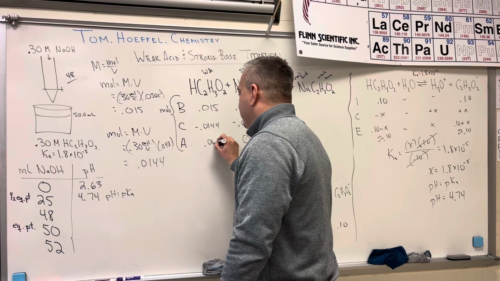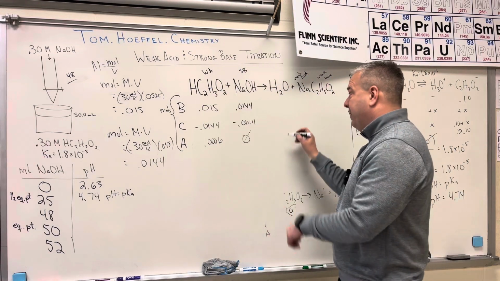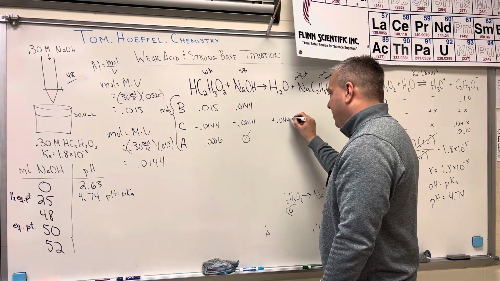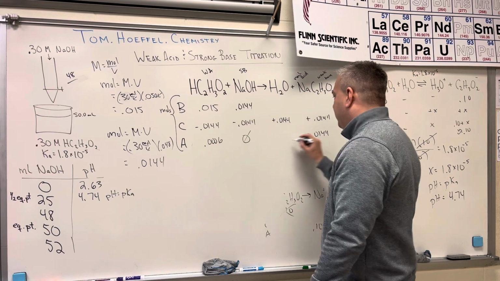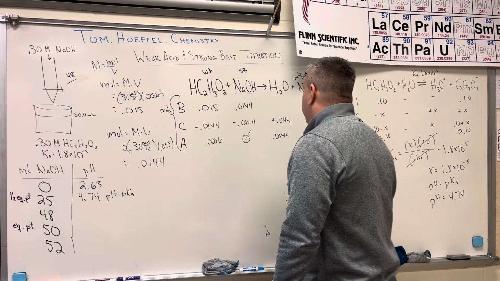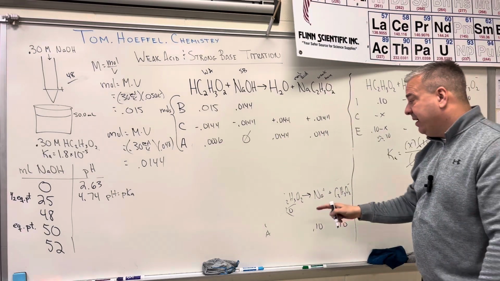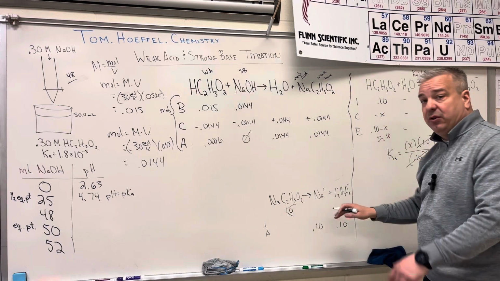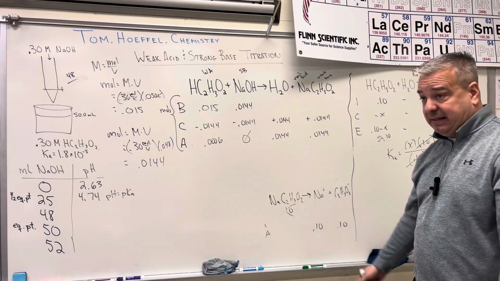And there's only going to be a very little bit of acetic acid remaining. Now, remember, we are also going to produce 0.0144 of both of these items. And one of them is important, and that's going to be the sodium acetate, because remember, the sodium acetate is going to split up into its sodium ions and acetate ions.